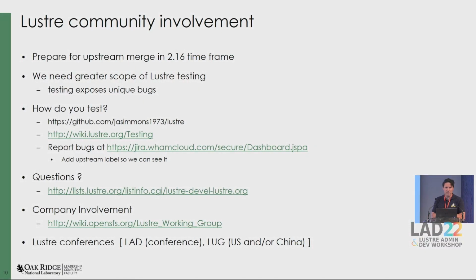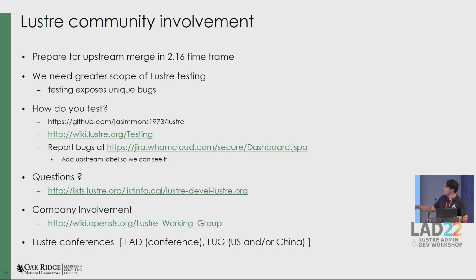And then there's always the welcoming of community involvement in this project. We gladly welcome anyone who would participate, like before we have rotating support, as we prepare for the merger in the 2016 timeframe. We're looking by April or May to submit this upstream. We need a greater scope of testing.